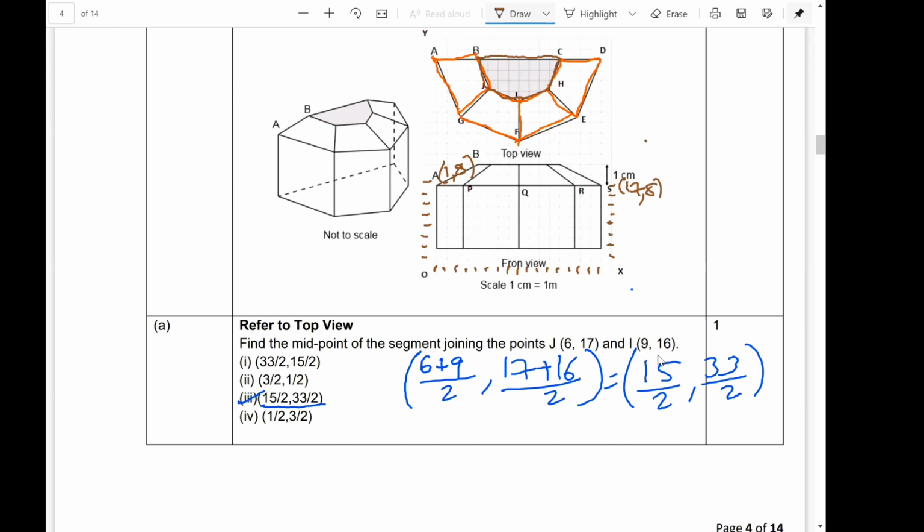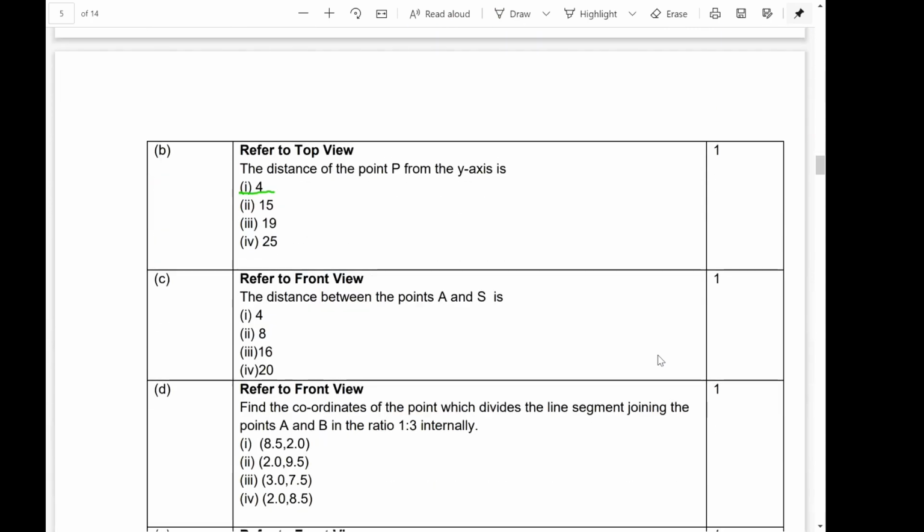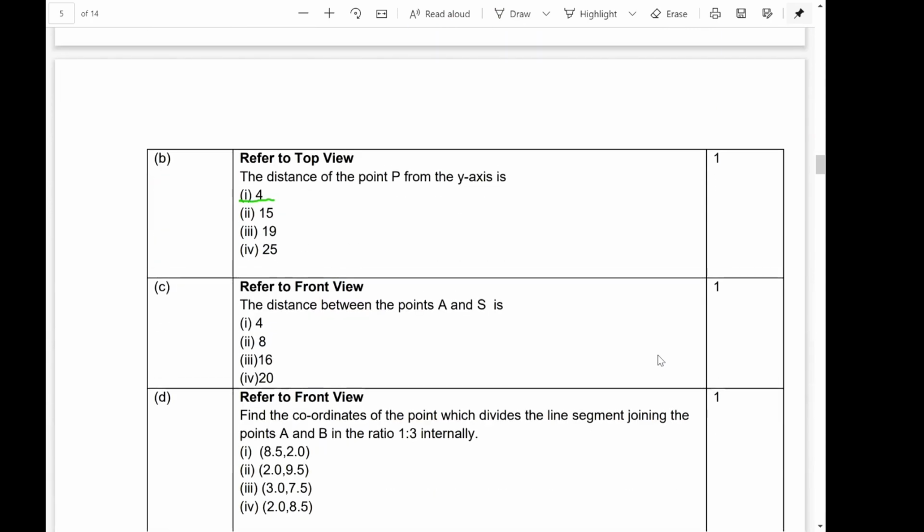That is root of (17 minus 1) the whole square plus (8 minus 8) the whole square. So you can easily find the distance between A(1, 8) and S(17, 8). The coordinates we found are A(1, 8) and S(17, 8).